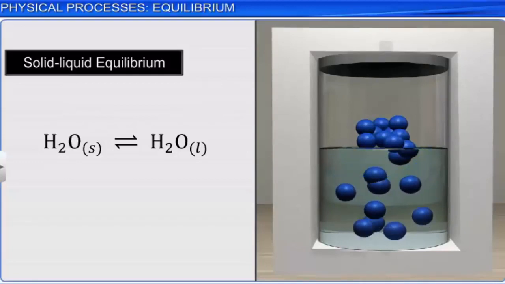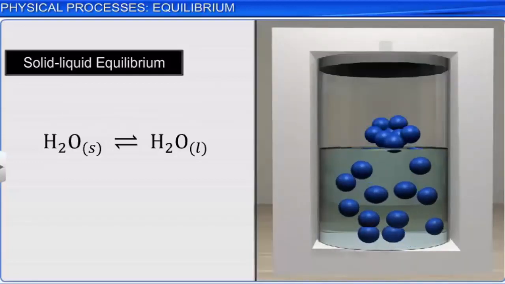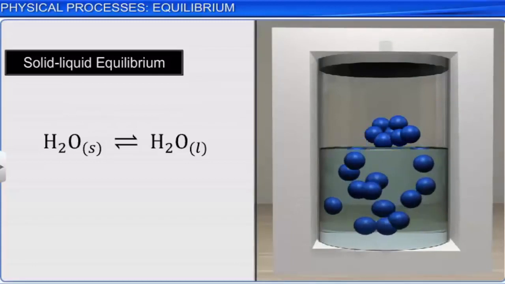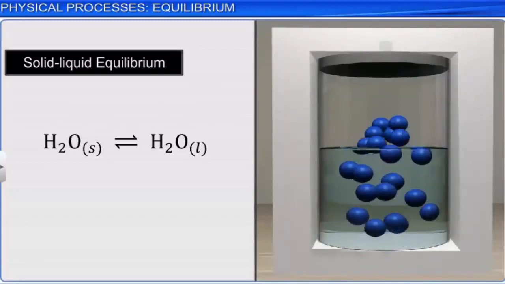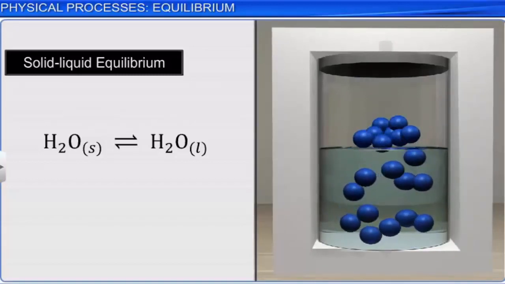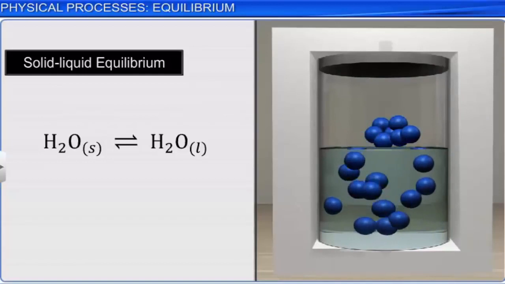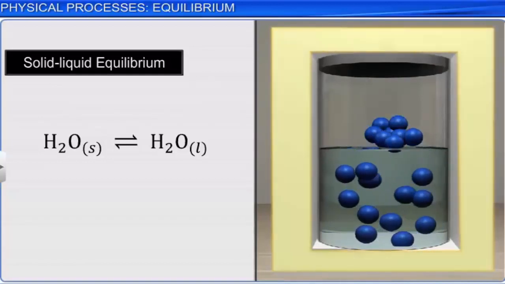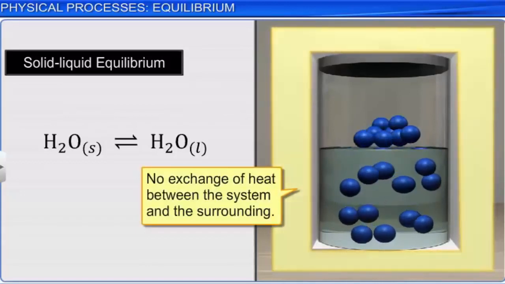As the rates of transfer of molecules from water to ice and from ice to water are equal, there is no change in the masses of ice and water. Since the system is insulated, no exchange of heat between the system and the surroundings is possible, and hence, the temperature remains constant.